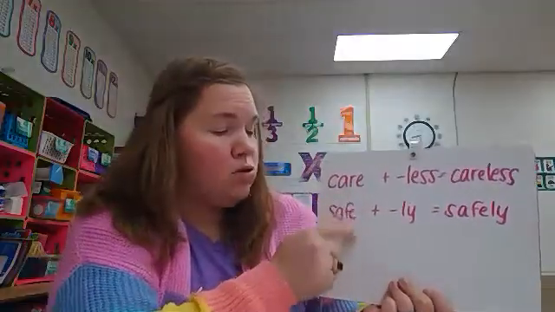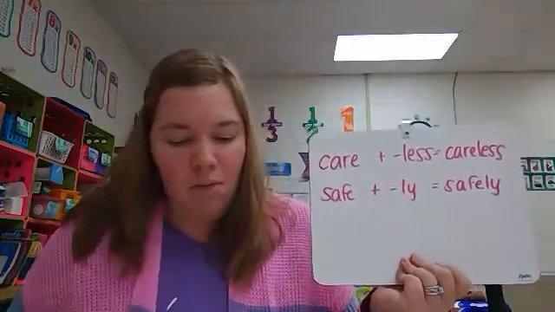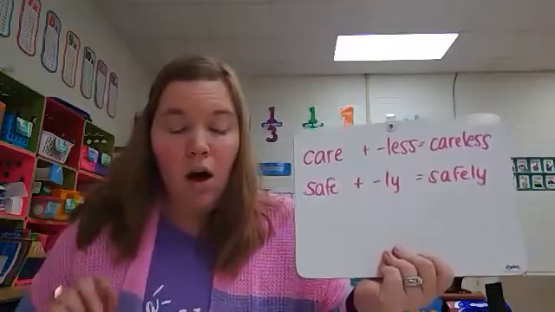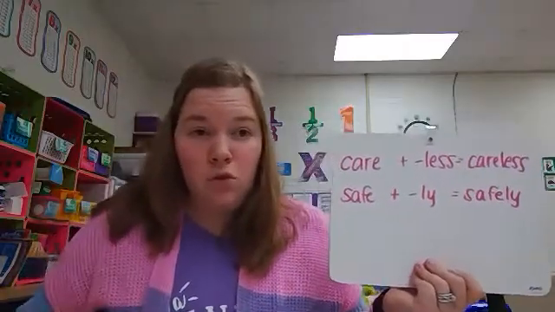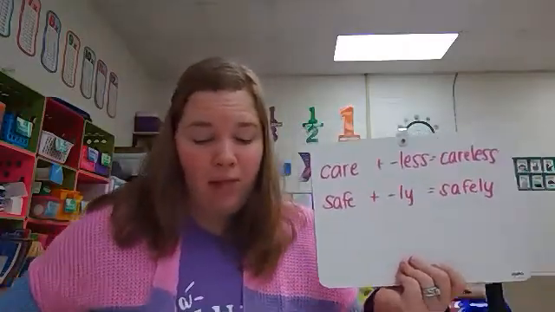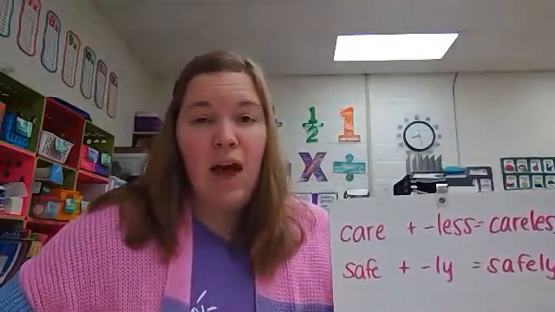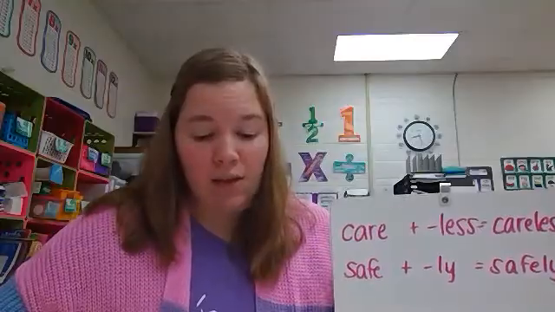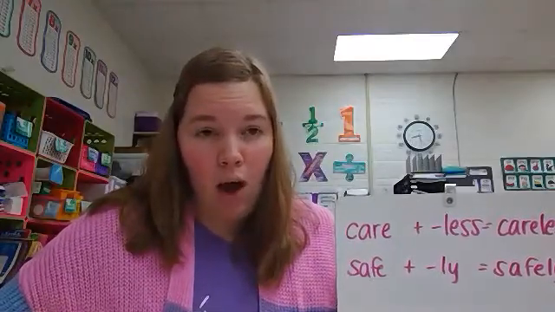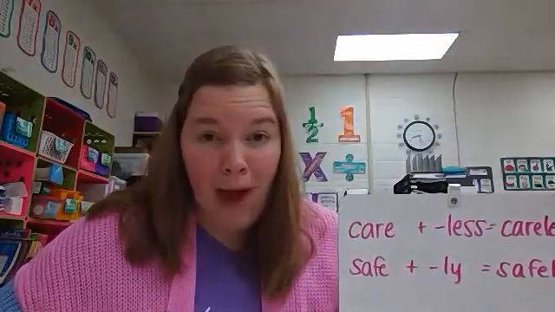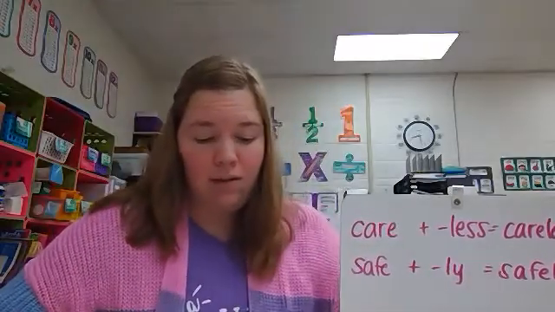No, we did not drop the E this time. So we are learning the dropping rule for spelling, okay? The dropping rule says that sneaky or silent E is dropped before a vowel suffix, okay?